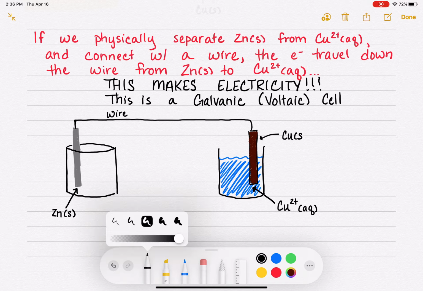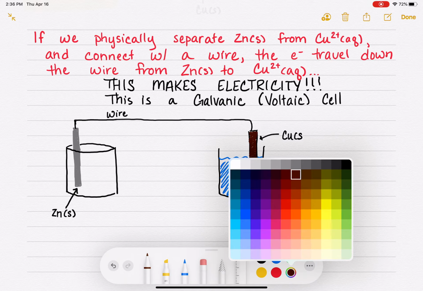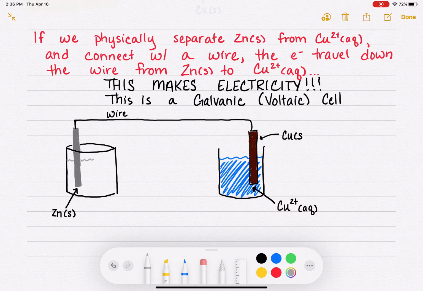Now, remember, over on the other beaker, the zinc beaker, as the reaction proceeds, this creates zinc 2+ ions in solution. So we do want to have some liquid in here as well, so we have a place for those ions to go. So this is going to be a zinc 2+ solution.